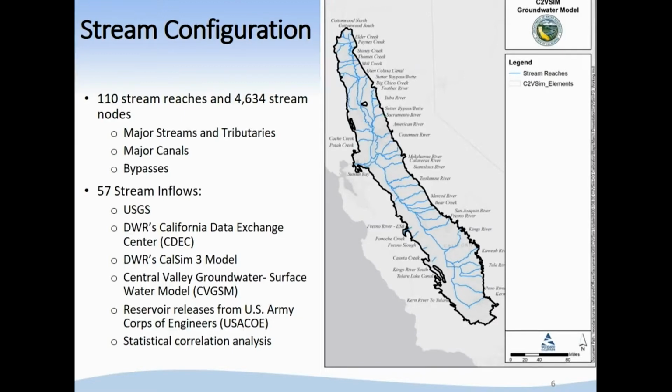The historic stream flows in the model are developed from 1922 all the way to 2015, and the information came from various data sources such as USGS, DWR, the CalSim3 model, the old C2VSim and CWGSM models, and US Army Corps. We also sometimes use statistical correlation analysis for the stream reaches or inflows where we didn't have historic data, or to fill any gaps in the historic data.